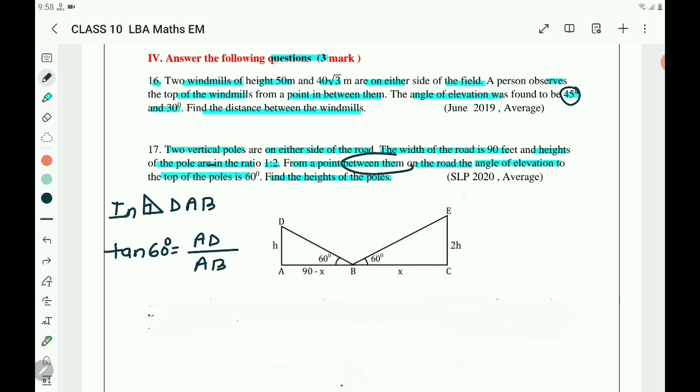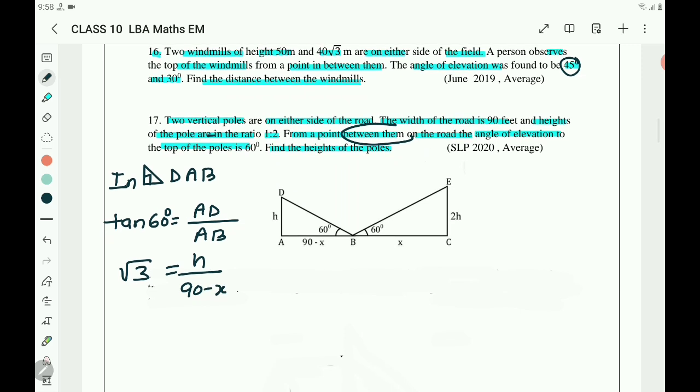Tan 60 is root 3. AD is h and AB is 90 minus x. Here it is better to write h on one side. So you write root 3 into 90 minus x equals h.